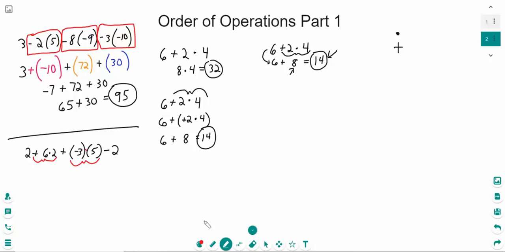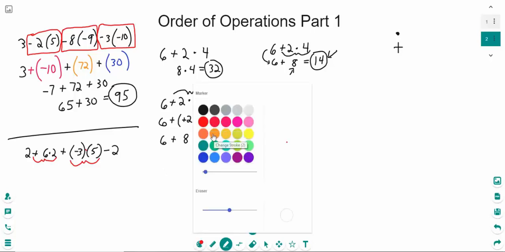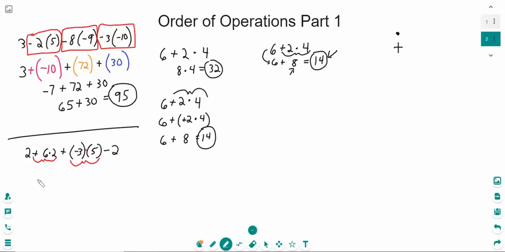So we end up with 6 times 2. If we compute that, 6 times 2 is 12. It's a positive 12 because we have a positive 6 times 2. So we have our original 2 plus now the 6 times 2, which is our 12, right? And then we move on.